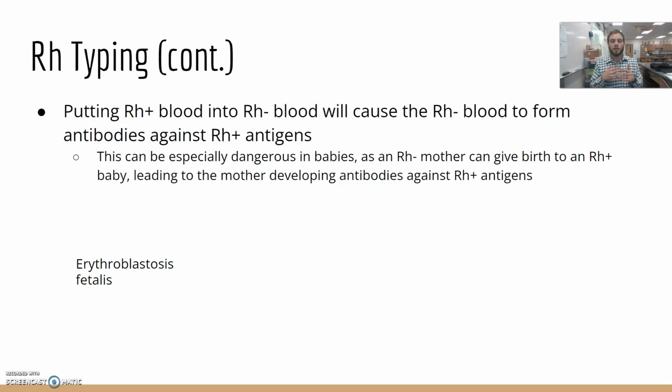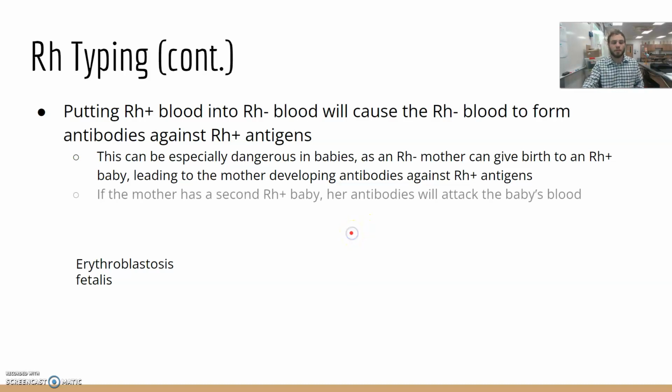Because of that small amount of blood crossover between mother and baby, the mother will eventually develop antibodies that will attack RH positive antigens. Usually that cross between the blood occurs during childbirth, and so the child is already born, and the antibodies don't get a chance to attack that child before it's born.